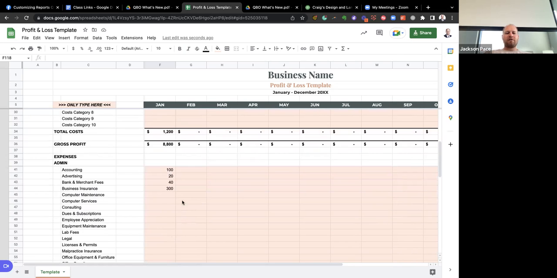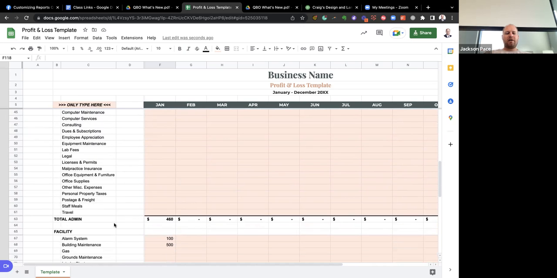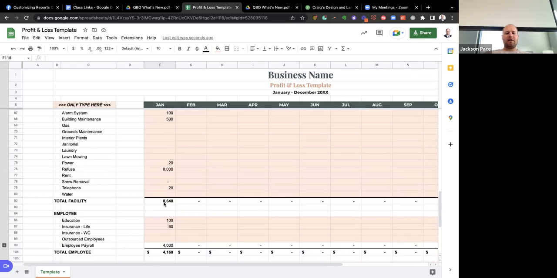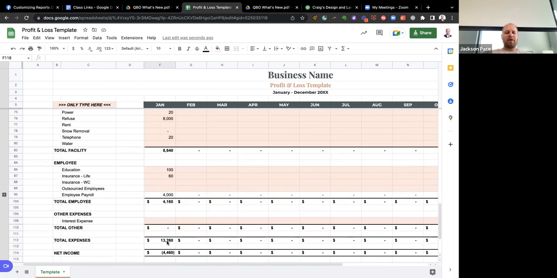We have our first bucket of expenses, which is our admin expenses, $460. Our second bucket of expenses is our facility, $8,640. And then our employees being the third bucket of expenses, $4,160. And so you can see once we add all those expenses together, $13,260.